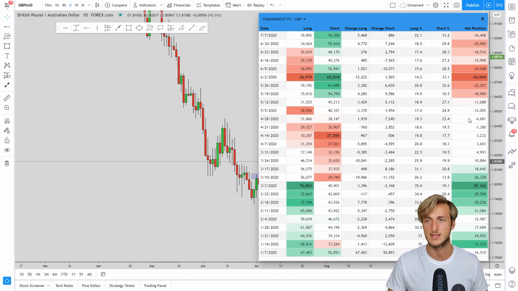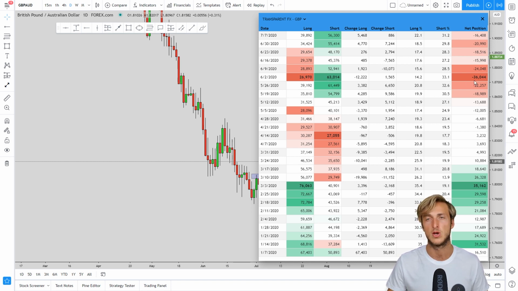for the GBP, we can see that we went from 35k net positions, so way more longs than shorts, with 76k longs and 40k shorts, to having way more shorts than longs, so a negative net positioning perspective with 63k shorts and 26k longs.